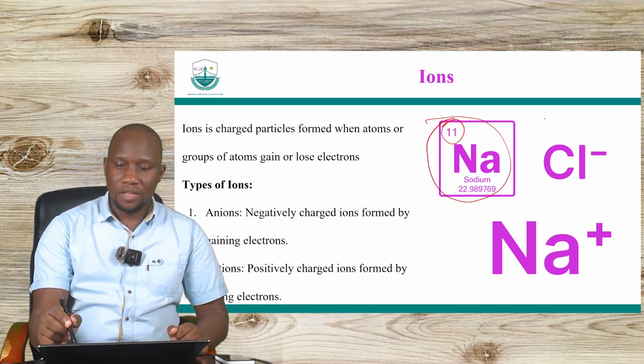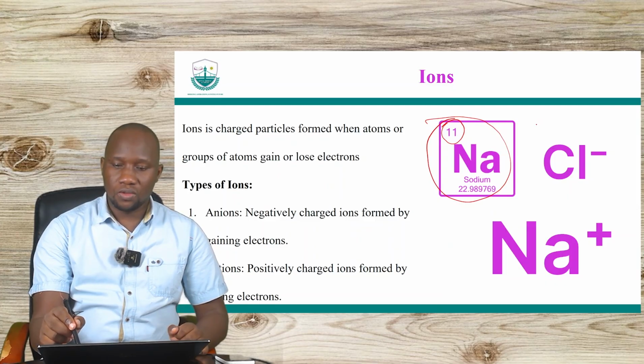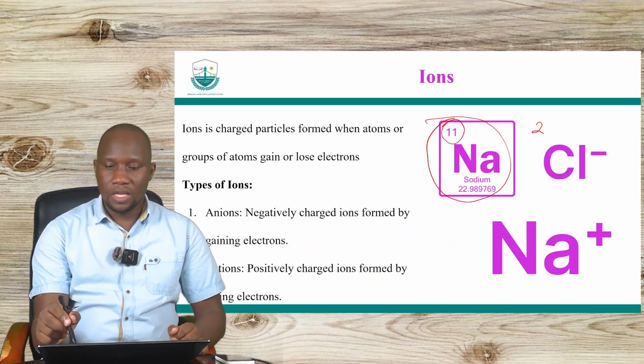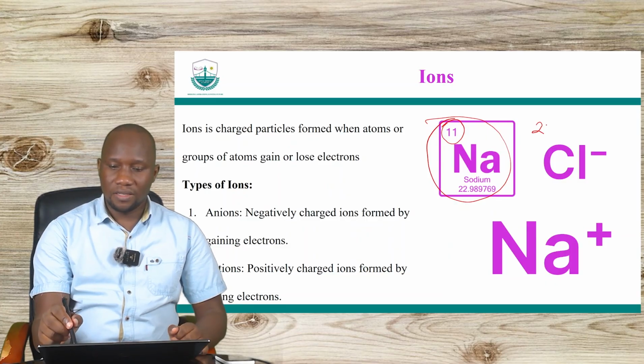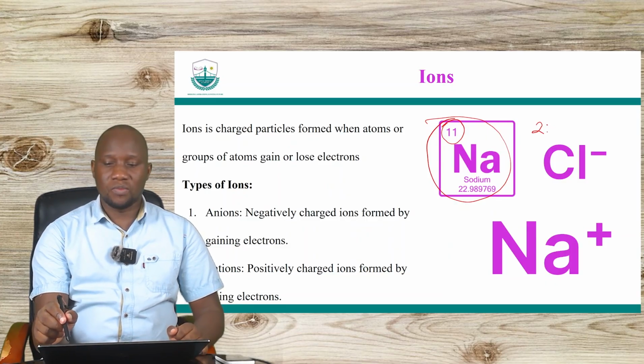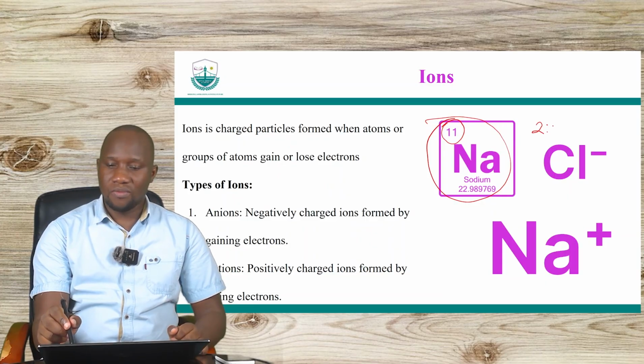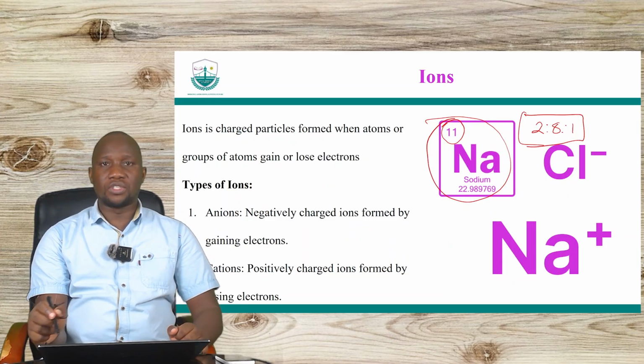The first shell will take 2, so we'll write 2. Since it has 11, if you put the maximum, which is 8, you will still remain with an electron. There. So this is the electronic configuration of sodium.